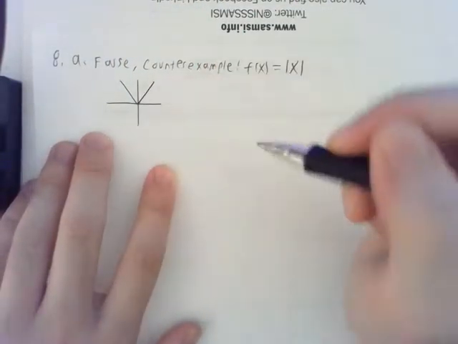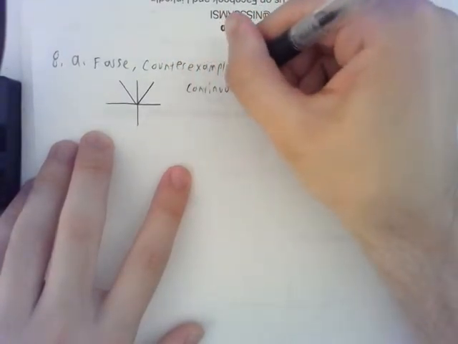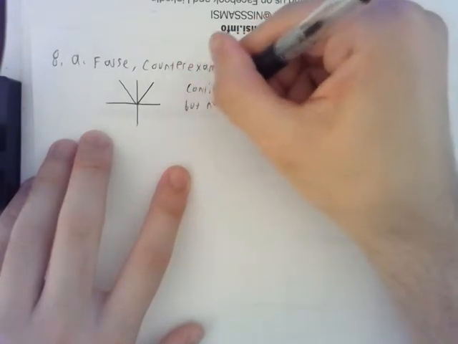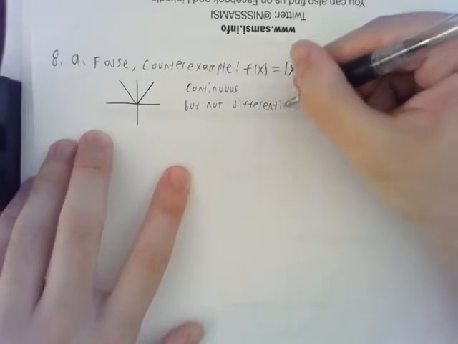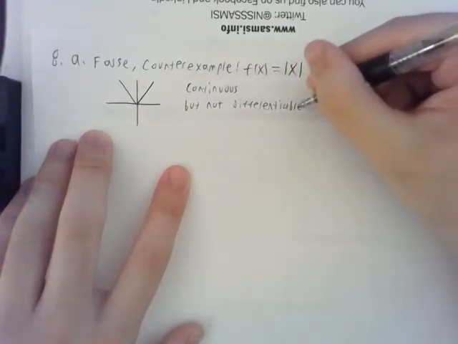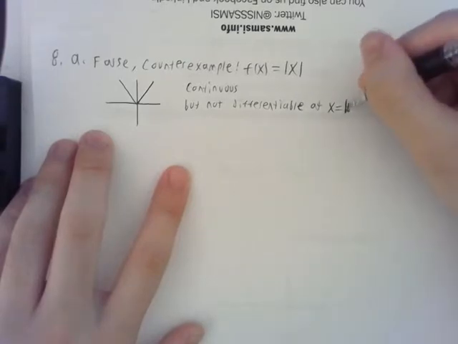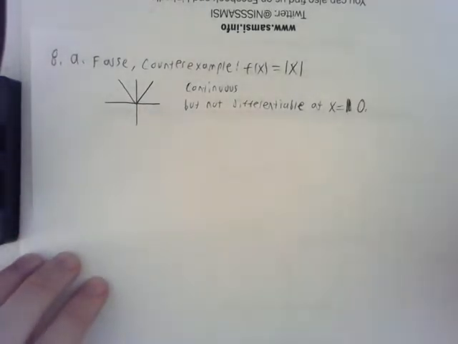It has this sharp corner at 0, so it's continuous. There are no jumps or gaps in the graph, but it's not differentiable at x equals 0. And you more or less showed this earlier in the exam. It was a very similar problem to that.